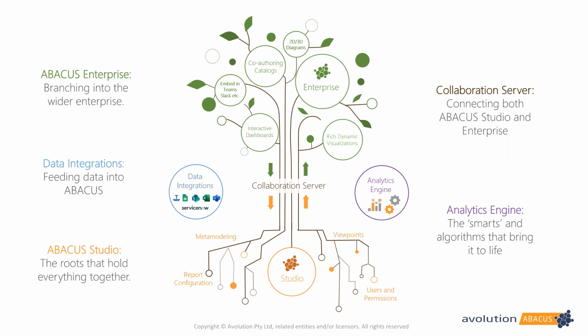And this works with the collaboration server to work with Studio, and Studio is the side where we might have some more in-depth work. This does include setting up permissions, meta modeling, viewpoints, as well as some diagramming. And the key thing is, of course, both Enterprise and Studio are working off of the same underlying repository, so it's the same underlying data, and that is key to keep in mind.